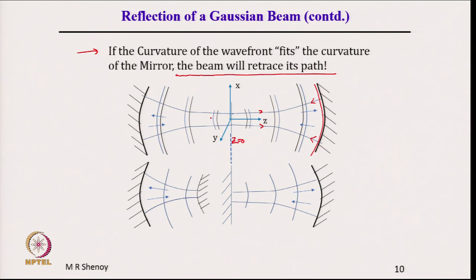The phase is inverted, and therefore, it is called a phase conjugated beam, which retraces its original path. When it comes here, it continues to propagate to the other end. So, shown here, it continues to propagate, and then it again gets reflected, provided the radius of curvature of the beam fits the radius of curvature here of the second concave mirror.